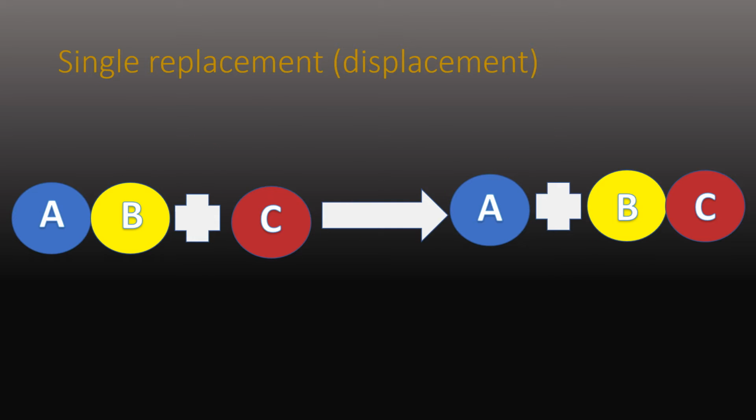Single replacement or single displacement both mean the same thing. You'll see them depending on what book you're reading differently. So we start with AB plus an element C, and basically the A and the C have changed places.